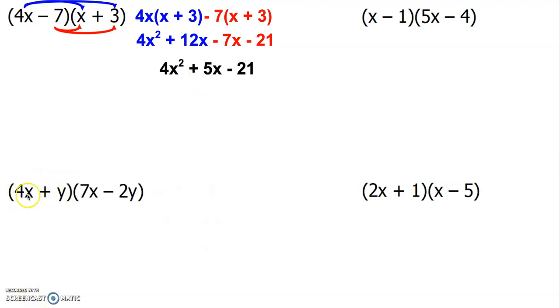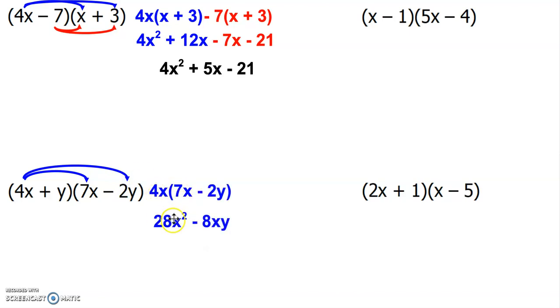In this next example, notice that we don't just have an x, we also have y terms in our binomials. And that's okay. It's just a binomial times a binomial. It's just distribution. So I'm distributing this 4x first across 7x minus 2y. So that becomes 4x times 7x, which is 28x squared. 4x times minus 2y becomes negative 8xy. Notice how I have both of those variables in that term. But I also have to distribute the y across 7x minus 2y.